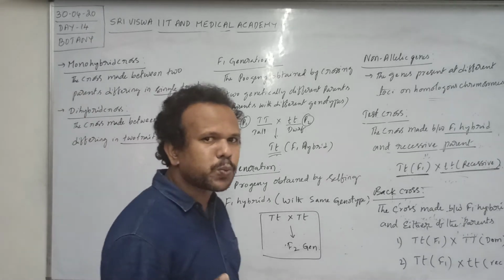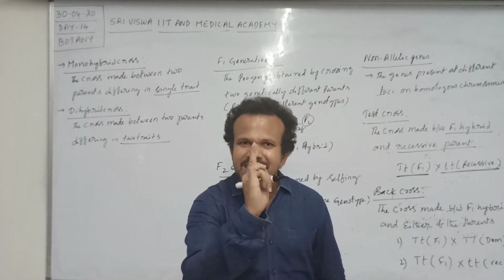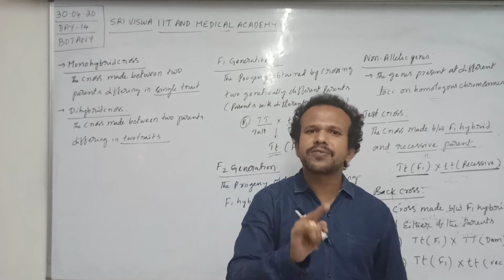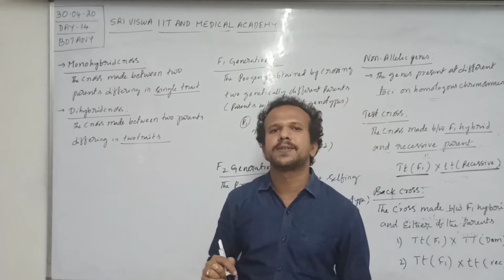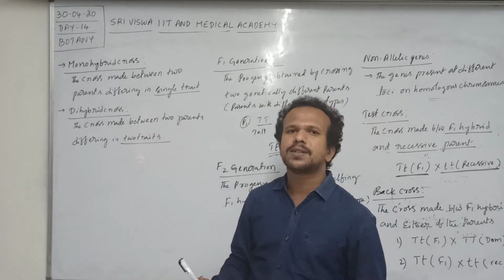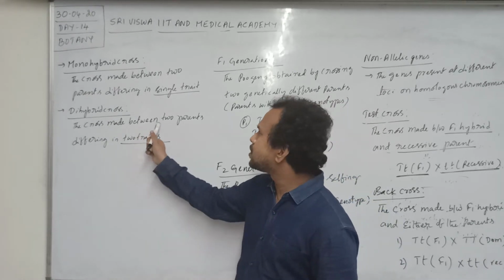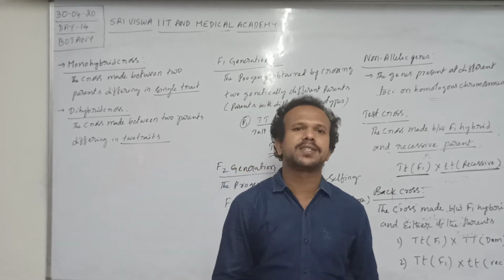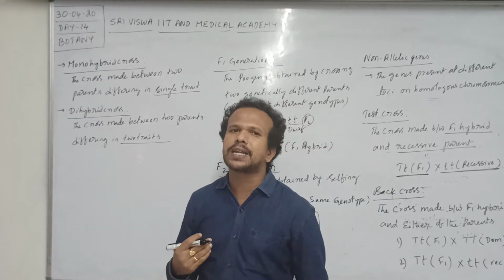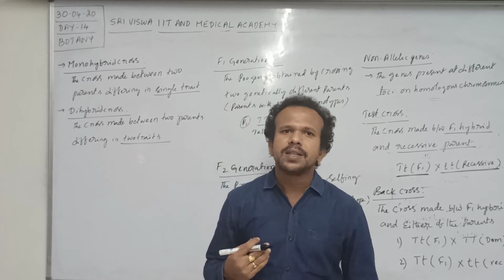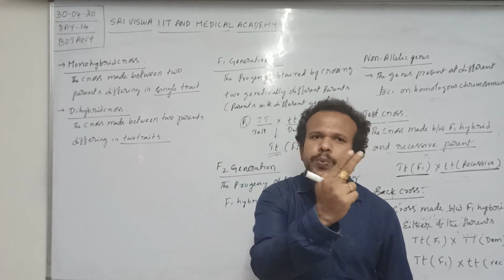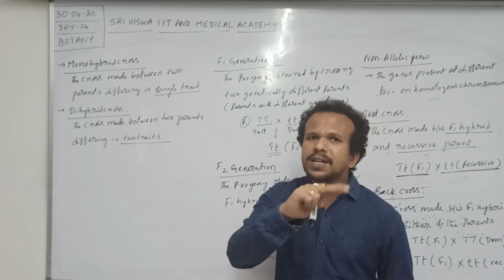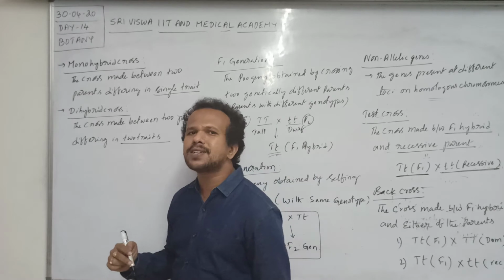Monohybrid cross is the cross made between 2 parents differing in single trait. Here the parents are similar with reference to the rest of the 6 characters. Whereas in dihybrid cross, this cross is made between 2 parents differing in 2 traits out of 7 pairs of contrasting characters. There is difference with reference to 2 pairs of contrasting characters. Then the remaining 5 pairs of contrasting characters are same.